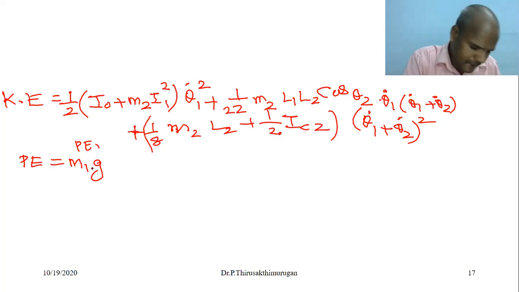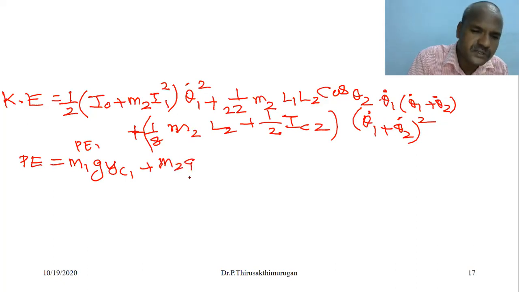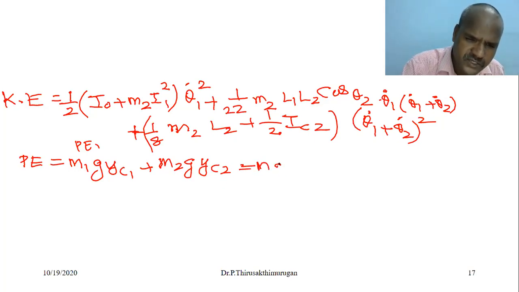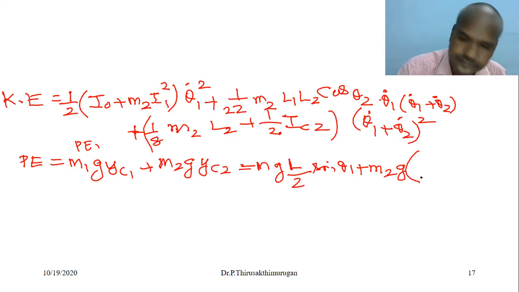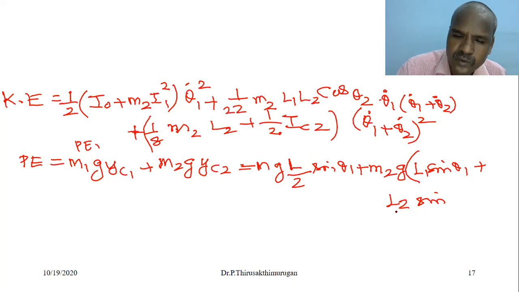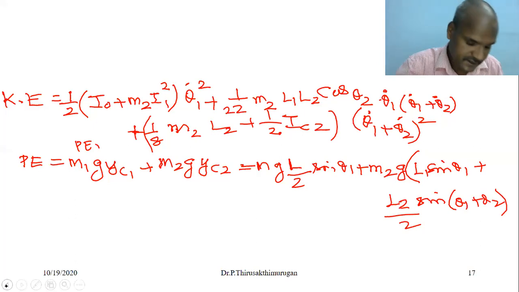Potential energy equals m1 g yc1 plus m2 g yc2, equal to m1 g L1 by 2 sin theta 1 plus m2 g L1 sin theta 1 plus L2 by 2 sin (theta 1 plus theta 2). So this is the potential energy expression.